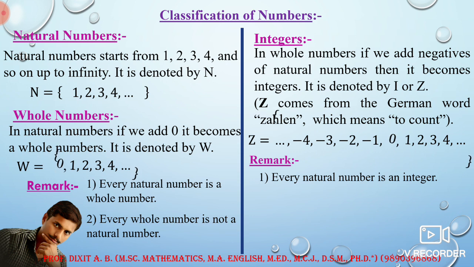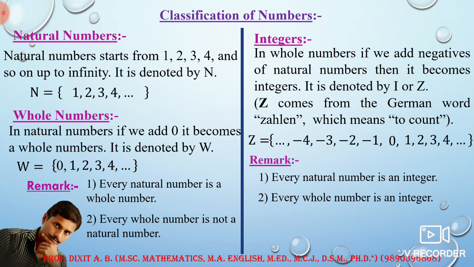Now if you observe W and Z, all the elements from the whole numbers 0, 1, 2, 3, 4 and so on up to infinity are obviously included in Z. So here is my second remark: every whole number is an integer.